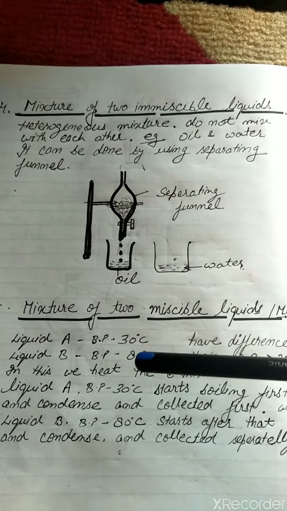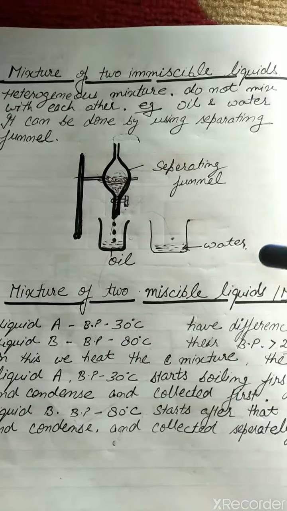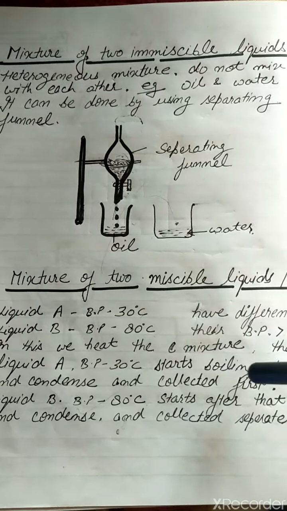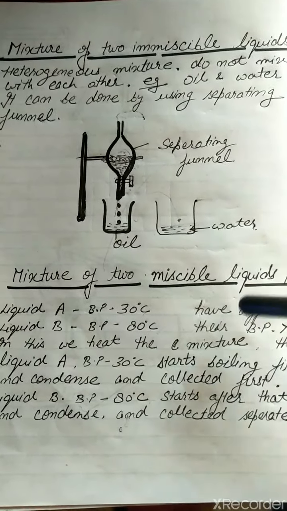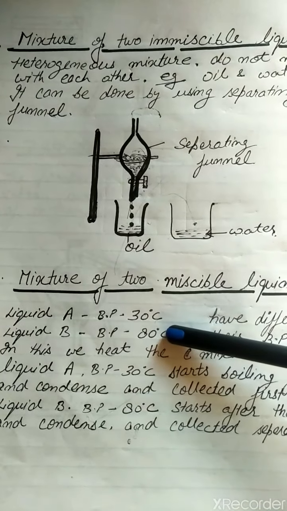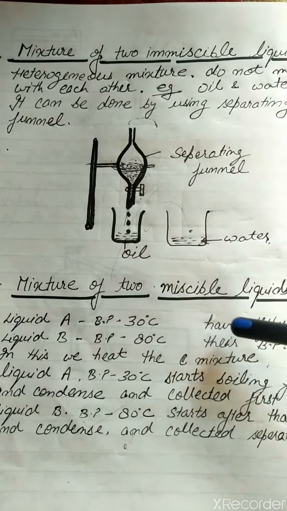The liquid A whose boiling point is 30 degrees Celsius boils first, and we condense and collect it first. After that, when the temperature rises up to 80 degrees Celsius, the liquid B boils and then condenses and is collected separately.